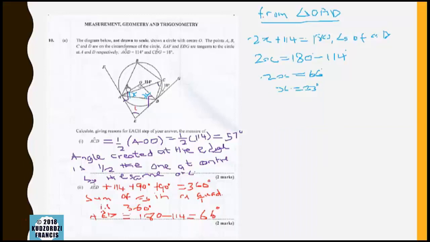Now this will help us to calculate angle OAD. So this whole angle is 33 degrees. Now we can calculate this angle over here, angle CAD.